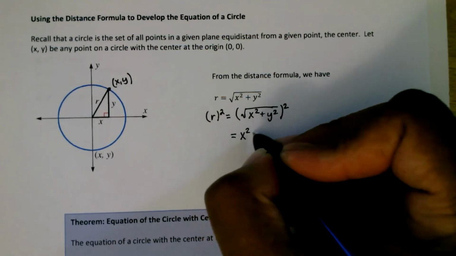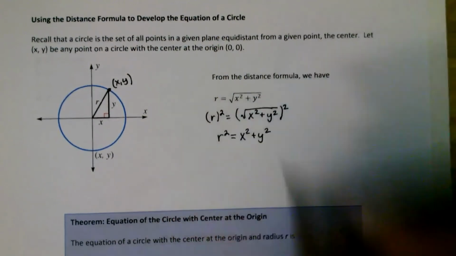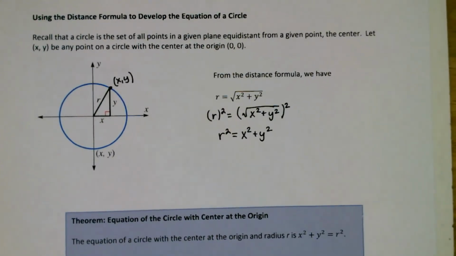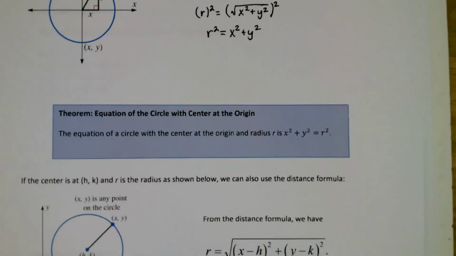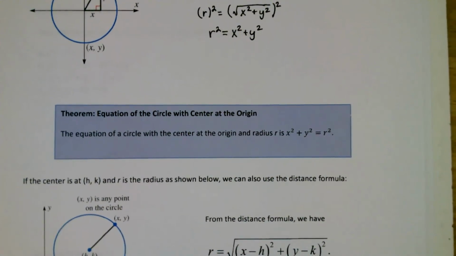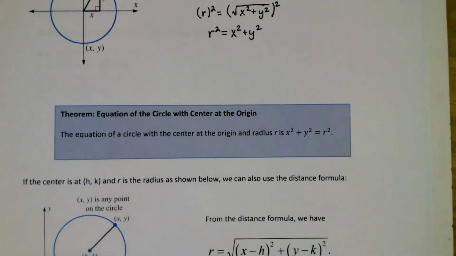You're left with x squared plus y squared, and that's going to be equal to, on the left side, r squared. So this is exactly the equation of a circle with the center at the origin. That's this theorem: the equation of a circle with the center at the origin and radius r is x squared plus y squared equals r squared.